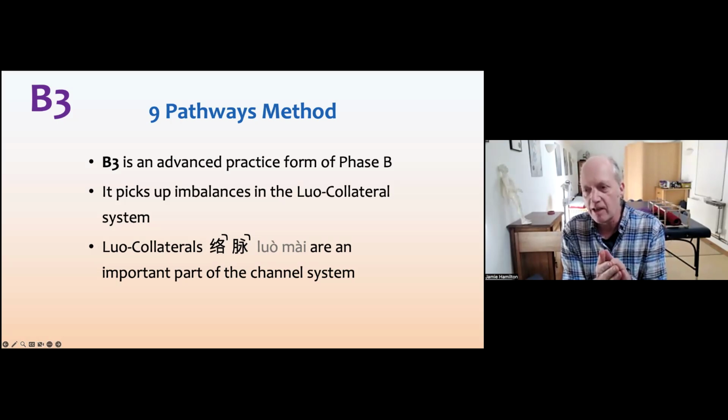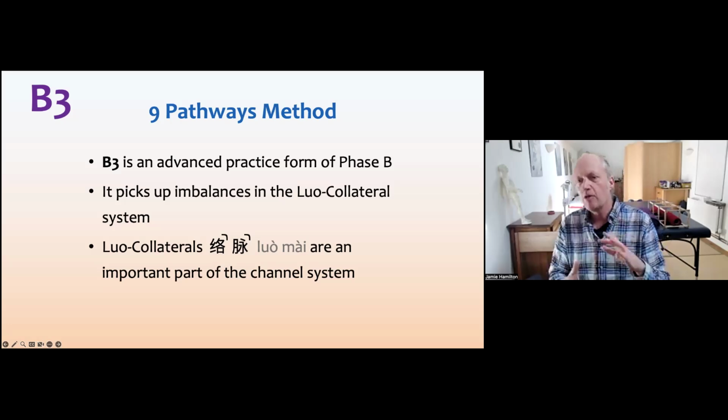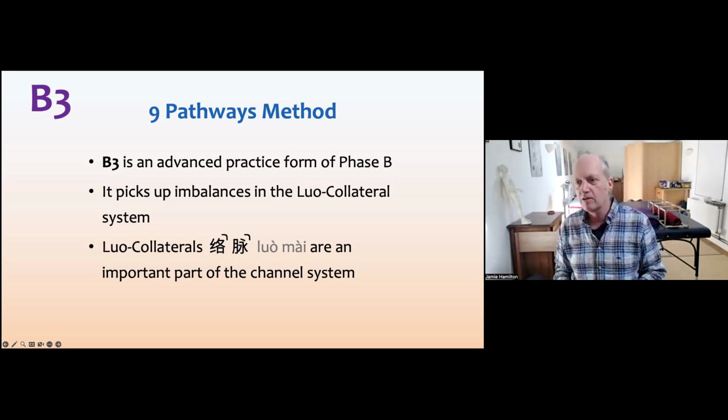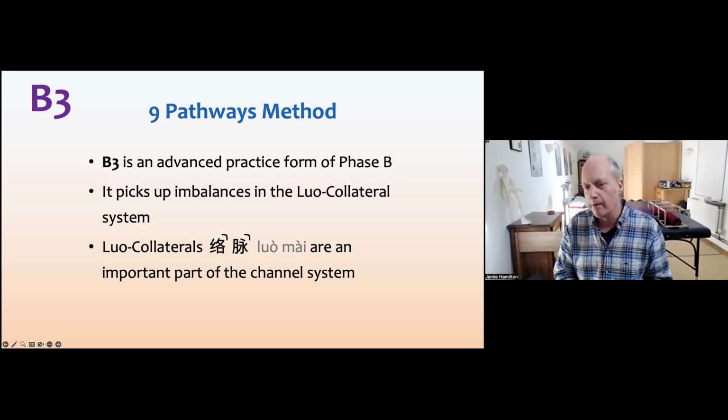So it's basically something blocked in the channel system of a physical nature, as if there's something tangible blocking the channels. I think it relates more to the channels than the organs, but that's from my observation, and it's just what I've been trying to pick up. So let's just call it, for the sake of simplicity, the Luo collateral system.